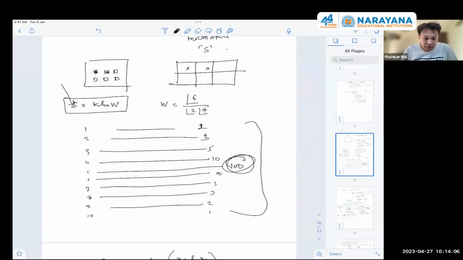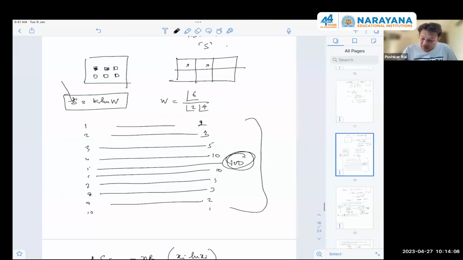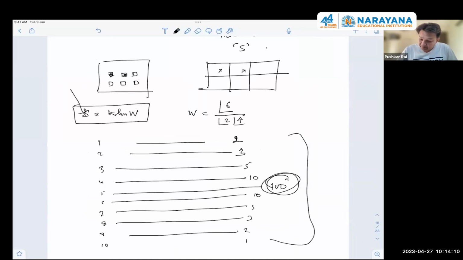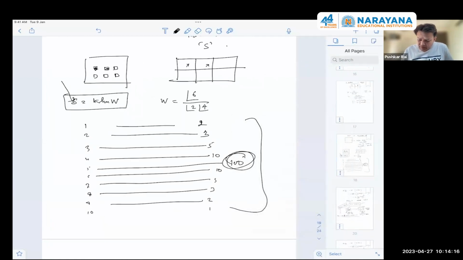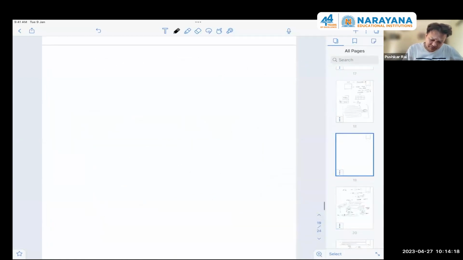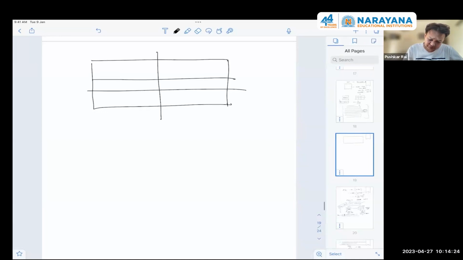So that is W. Now, if you understand W, can you tell me why gases expand? Why does a gas try to take all the space available to it? See this. Suppose this gas is there, and this is a chamber which is separating them.